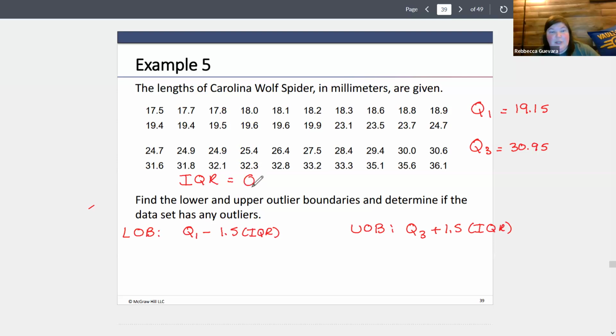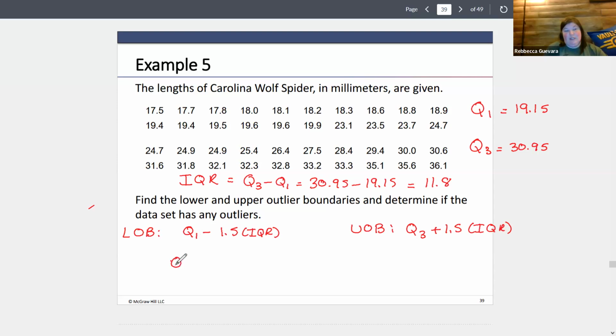The reason we need Q3 and Q1 is because those are the only things we need to calculate it. So this is going to be your 30.95 minus 19.15, and we end up with 11.8.